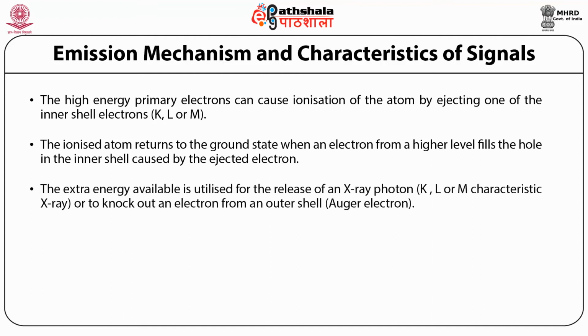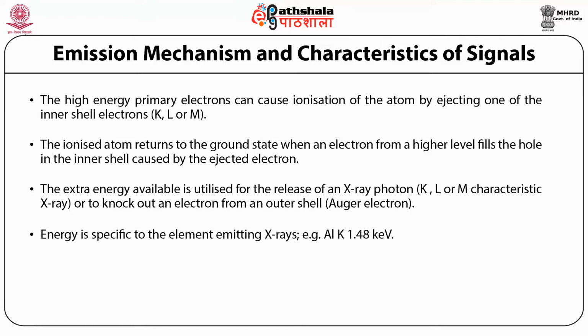The extra energy available is utilized for the release of an X-ray photon, that is K, L, M or characteristic X-ray, or to knock out an electron from an outer shell, that is Auger electron.